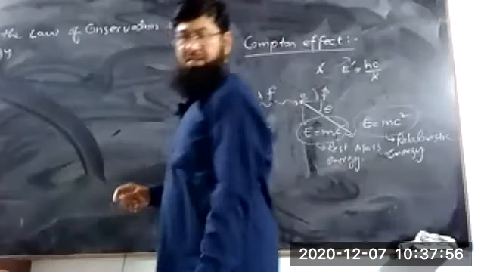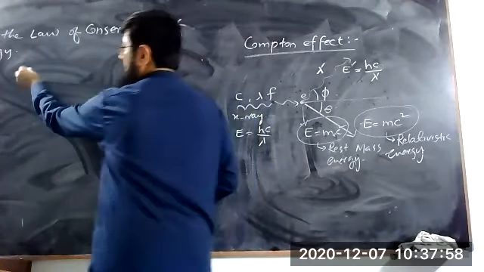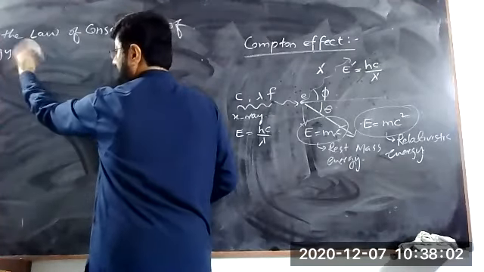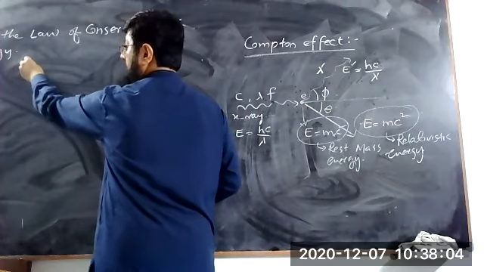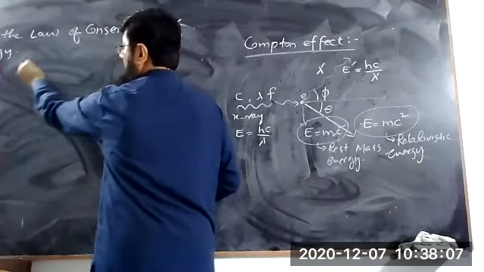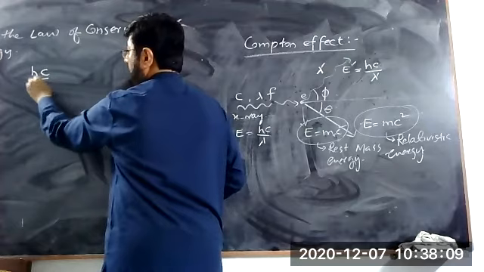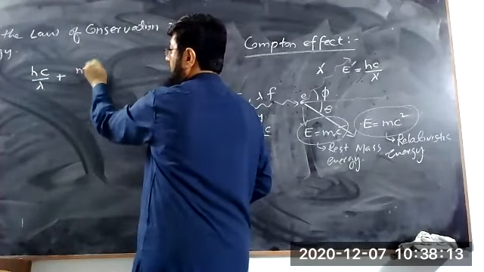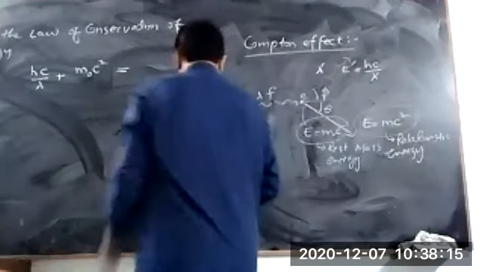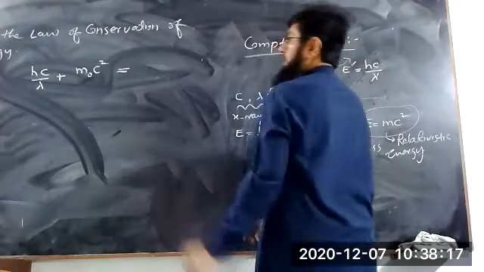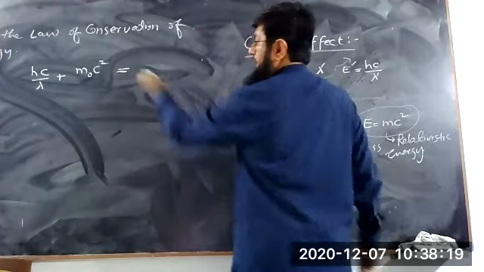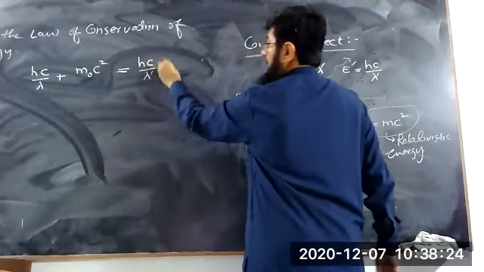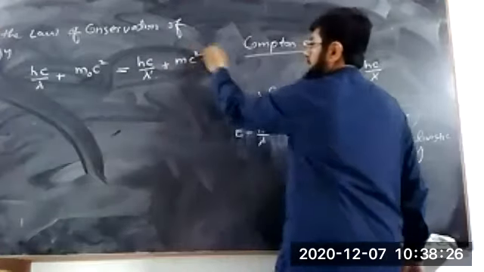The energy before scattering is the initial energy of the photon, hc over lambda, plus the rest mass energy of the electron, m naught c square, and this is equal to the energy after scattering, hc over lambda dash plus mc square.